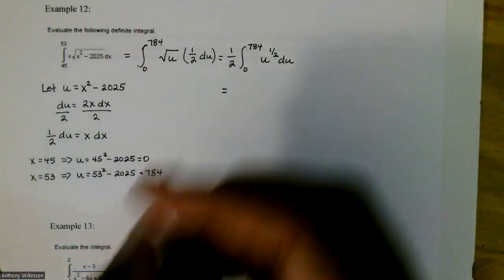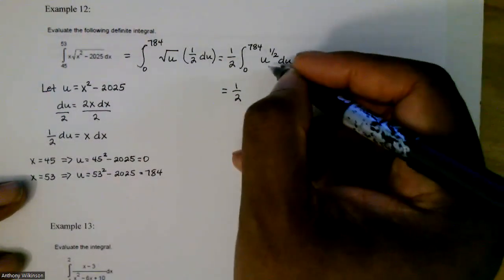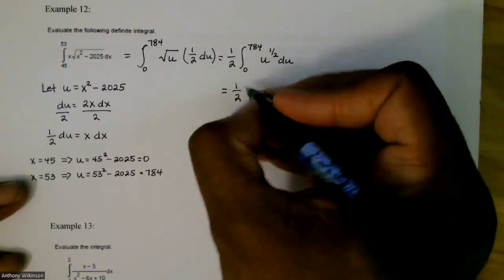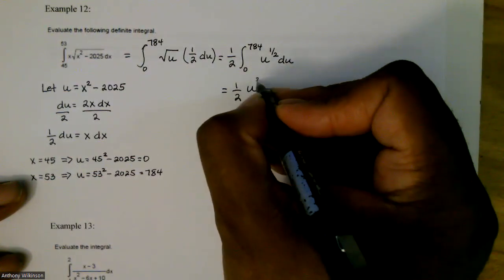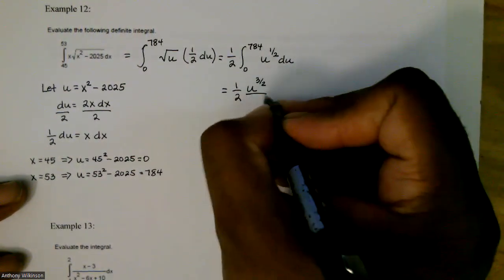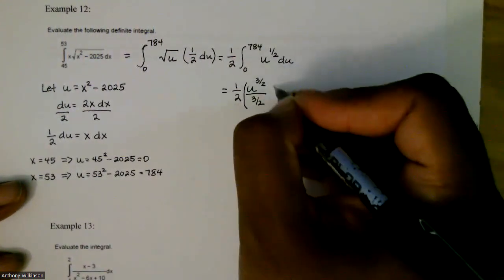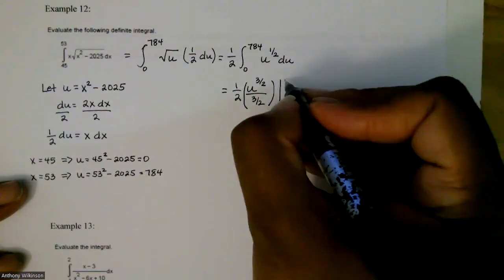And then bring down the 1/2. u to the 1/2, if I integrate that, increase the power by 1, so it'll be u to the 1/2 plus 1, which will be 3/2. That'll be divided by that new exponent of 3/2. And this will be from 0 to 784.